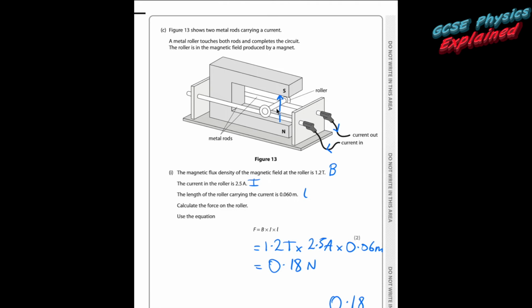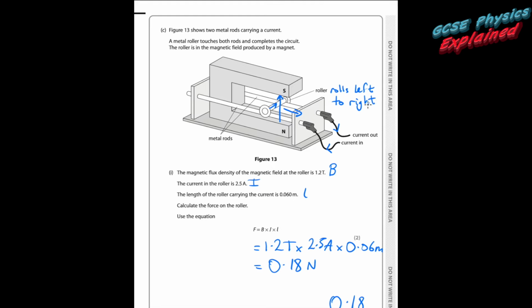So basically the current is going that way. So if you point your second finger in to the board, then basically it leaves your thumb pointing this way. So that's the way that this little roller is going to roll. It's going to go from the left to the right.